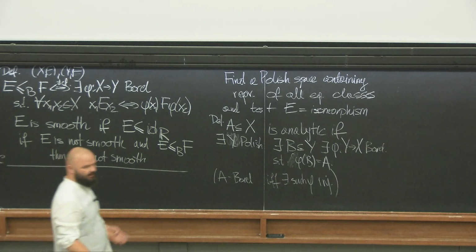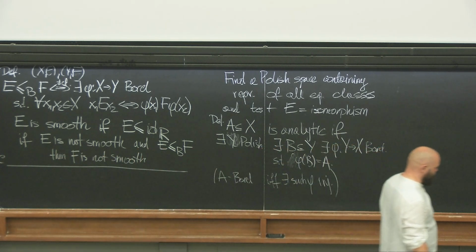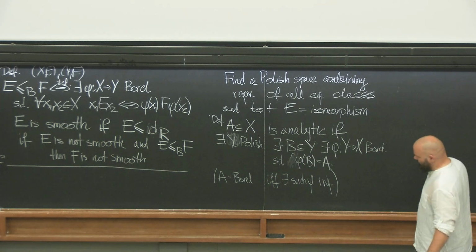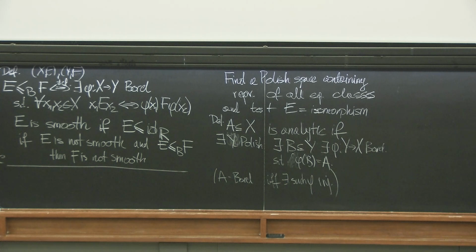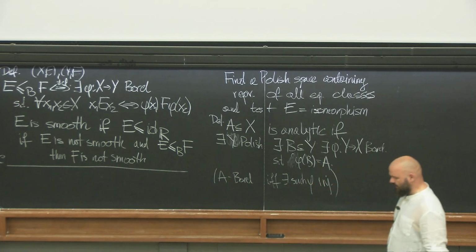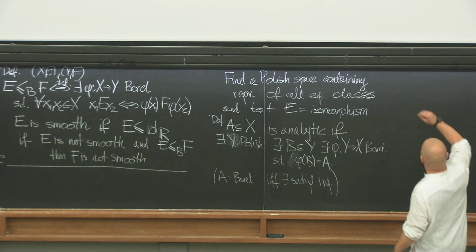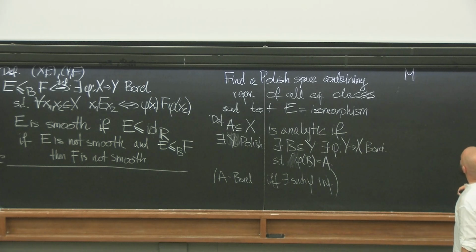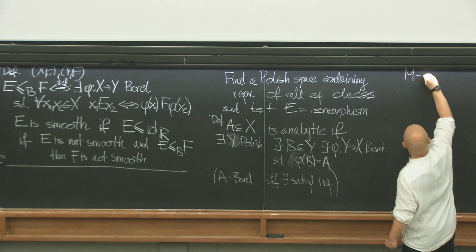This is a very, very simple definition, a very similar schema of definition to the previous one. And now it is extremely easy to see that in most cases, the equivalence relations we consider are analytic.